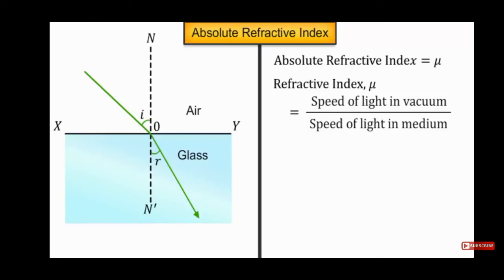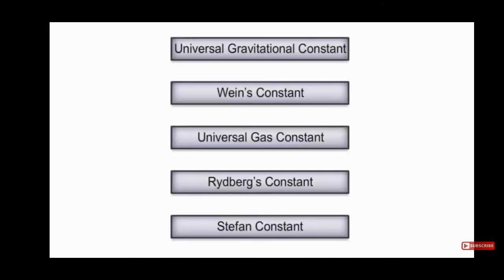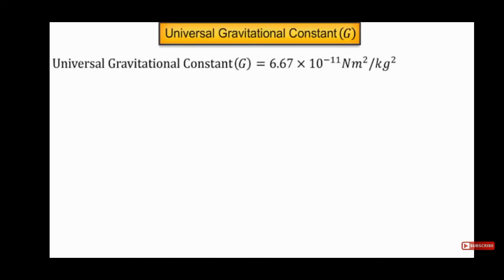We also have certain physical constants, each of which has a unit as well as a dimensional formula. For example, the universal gravitational constant G is a constant whose value is 6.67 × 10^-11 Newton meter square per kg square and is denoted by the expression G = F d^2 / m^2, where F is force, d is distance, and m is mass.